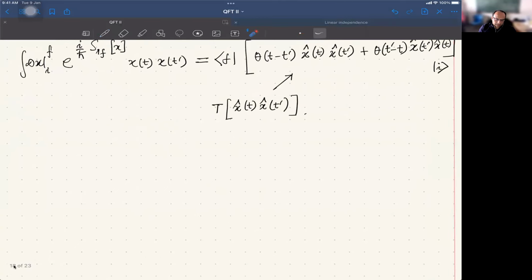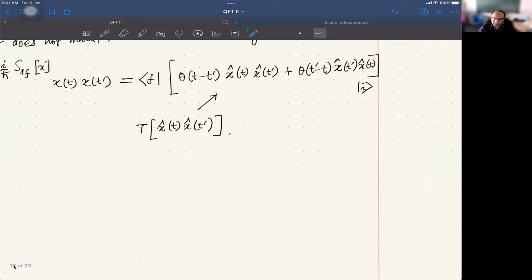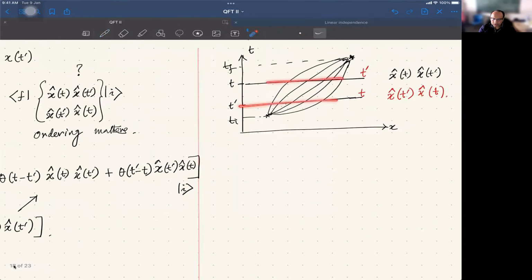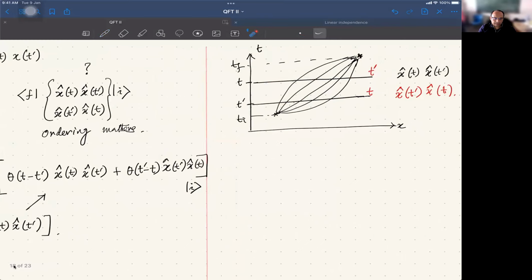Since this picture is quite general, this cutting open and sewing it back, and the ordering with respect to the initial and final time, it is a general result.